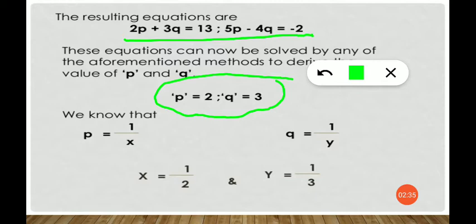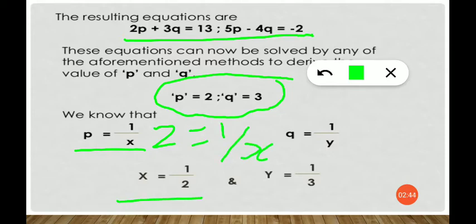So we know that p is equal to 1 by x, which means 2 is equal to 1 by x, and thus x is equal to 1 by 2. Similarly, q is equal to 1 by y, which means y is equal to 1 by 3.